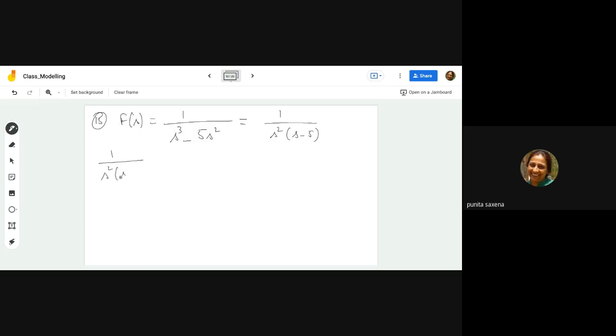If we split it into partial fractions, because of this quadratic factor, s is of multiplicity 2. So I'll have A upon s plus B upon s square and C upon s minus 5. Now, how do you find the values for such terms? What do you do?